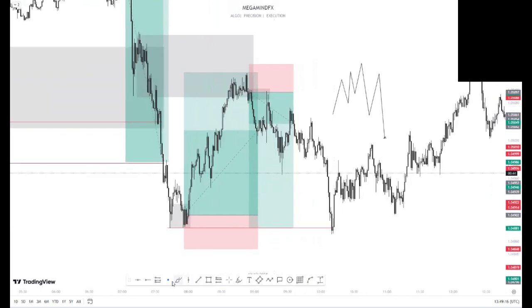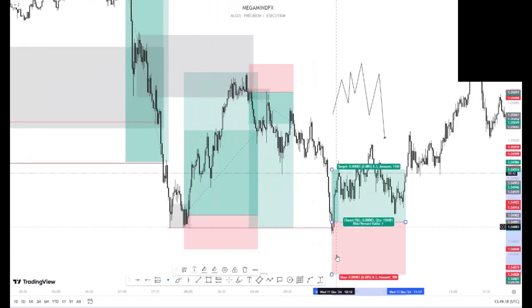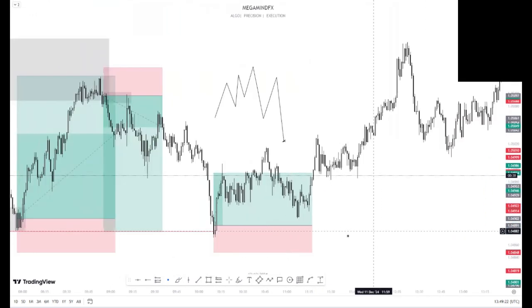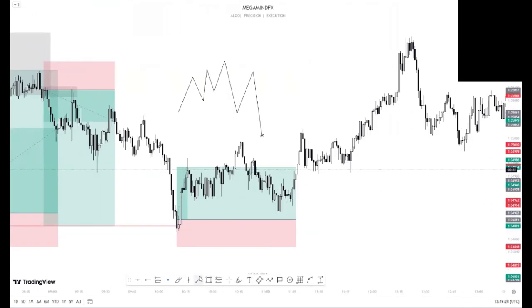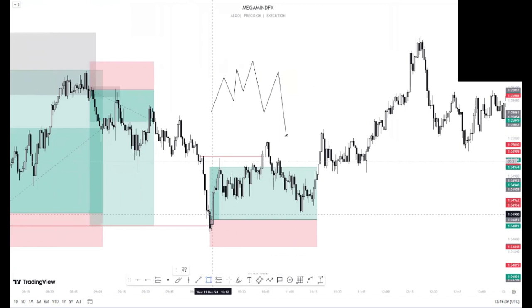You can take a risk entry here if you like. Then what you want to see is the first structure to break. We have this structure broken. So what do you want to do? You want to take this entire reaction.